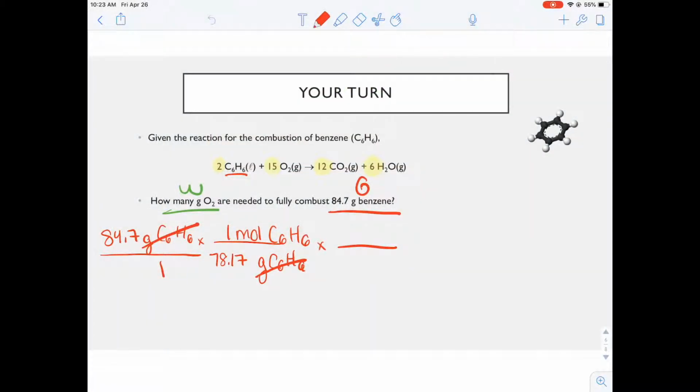Now, we need to get from this to this. So we're going to make our wanted over given ratio, which is oxygen over C6H6, and the mole ratio. So it's 15 moles over 2 moles. Plug that right in. 2 moles C6H6, right?